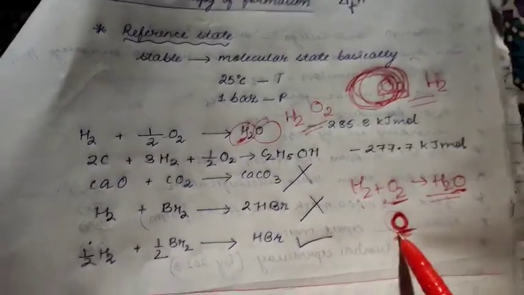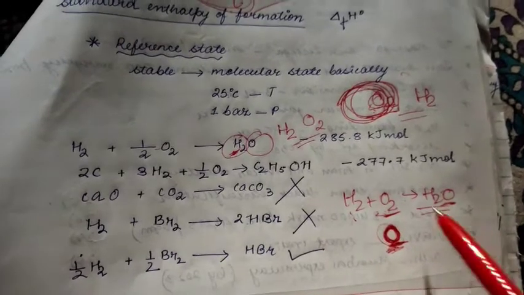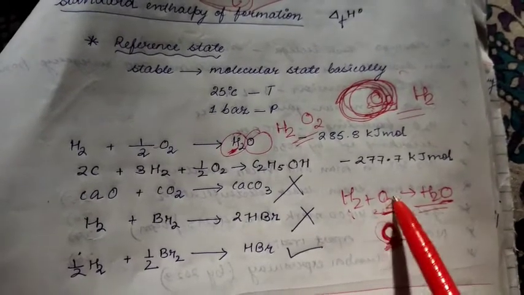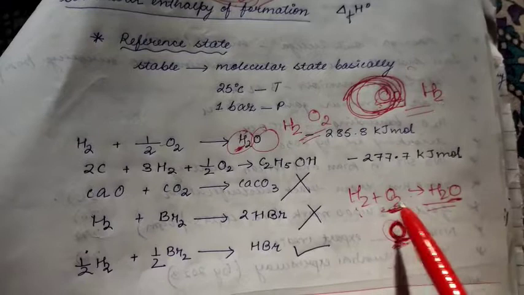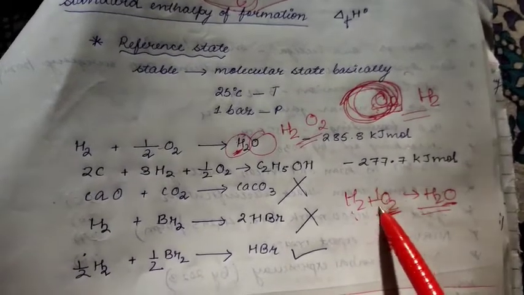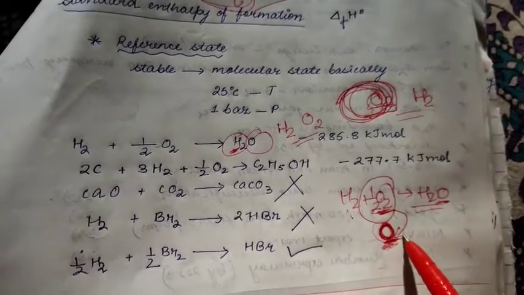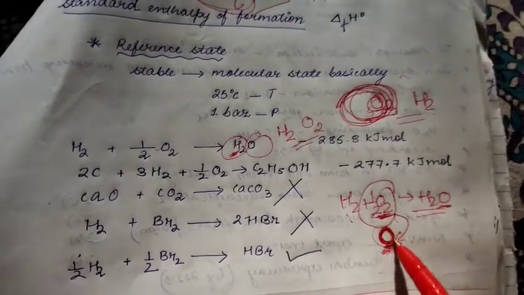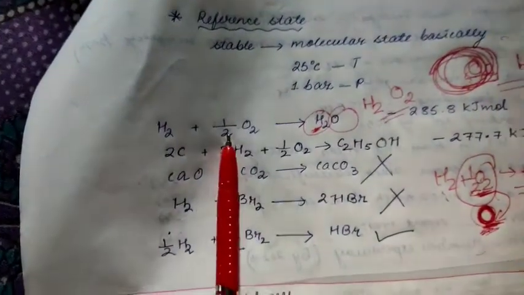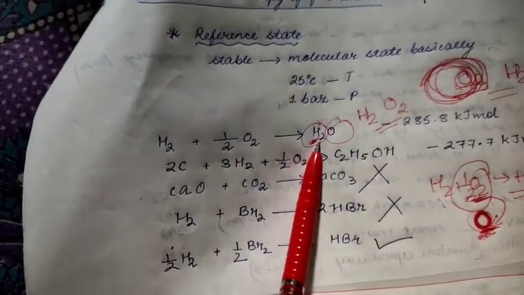It will directly react with some other compound or other element, okay? Now here you see we have to take a half, okay? Half of O2 signifies O only, but we cannot directly take O, so we will take half of O2, then you will get H2O.